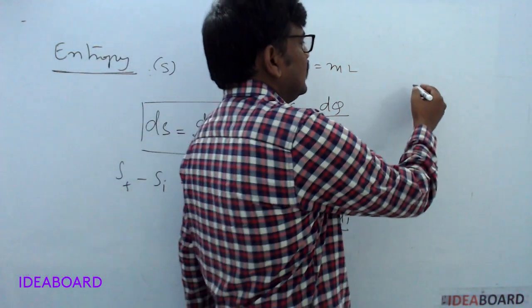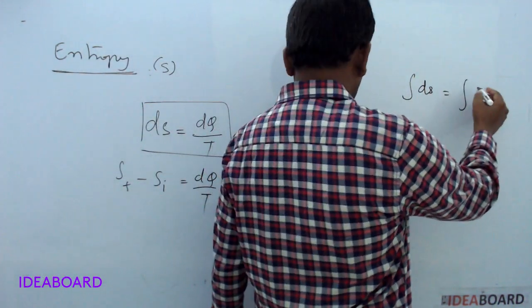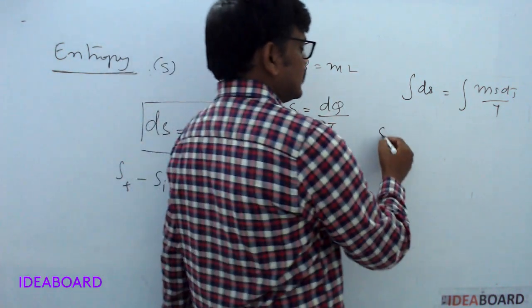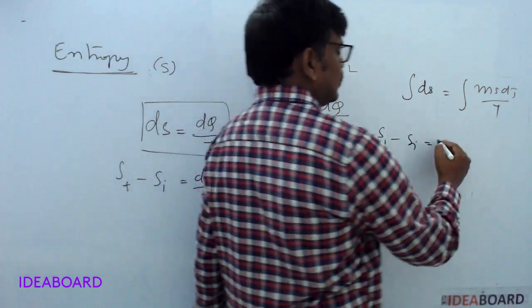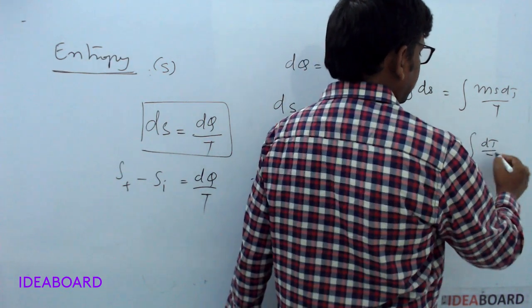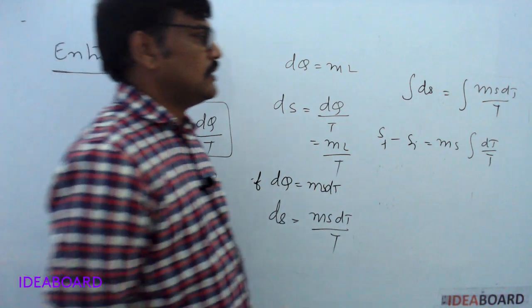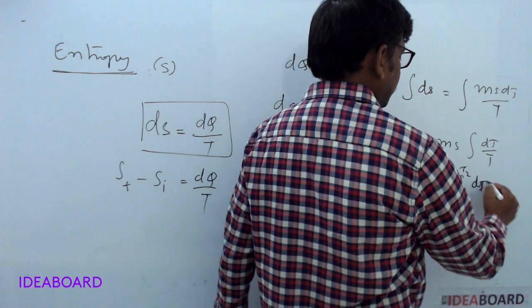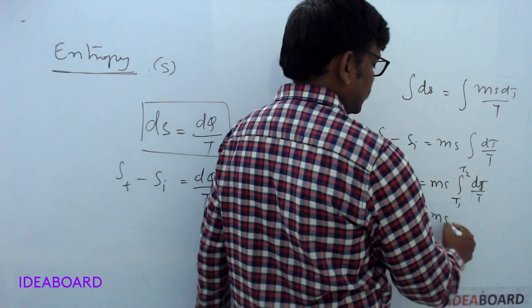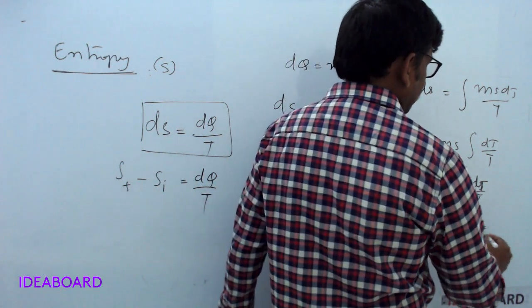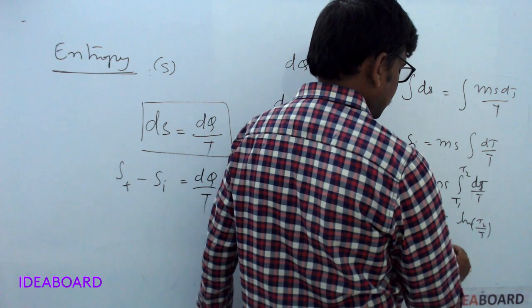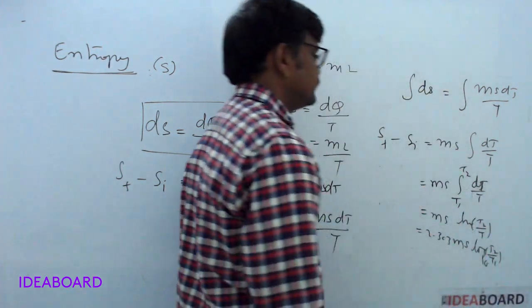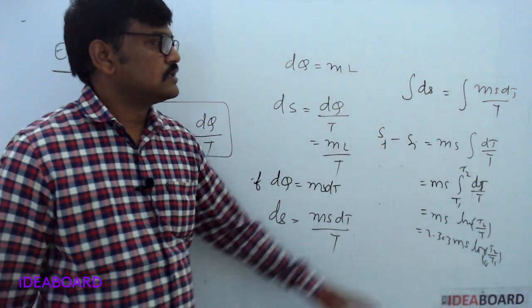Now, integral dS equals integral m into s into dT by T. Integral dS means final entropy minus initial entropy equals m s times integral dT by T. If you take limits T1 to T2, then m s integral from T1 to T2 of dT by T equals m s ln T2 by T1, that is 2.303 into m into s into log T2 by T1 base 10. So this is the change of entropy with the change of temperature.